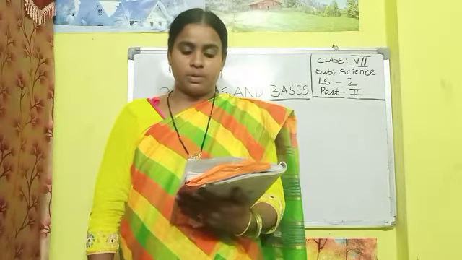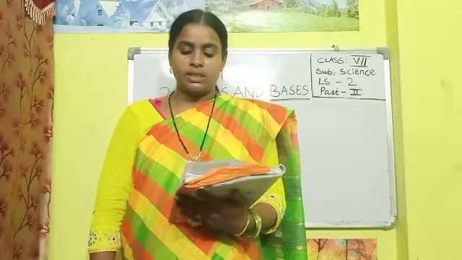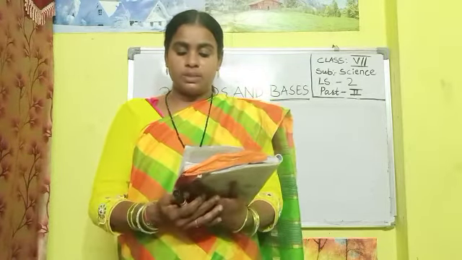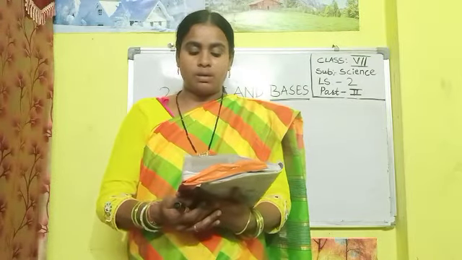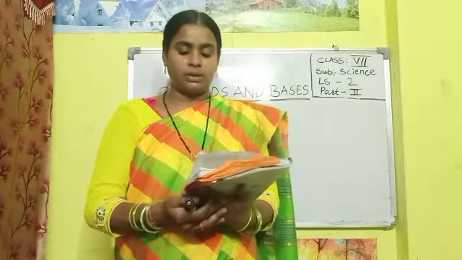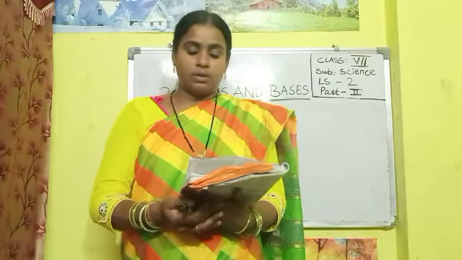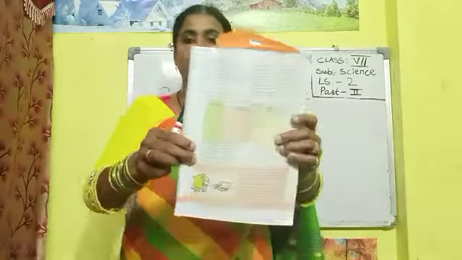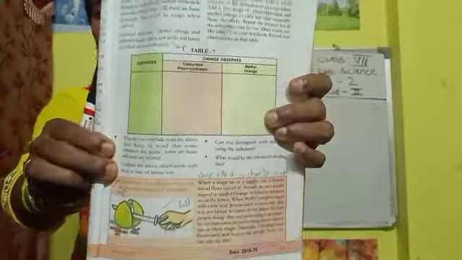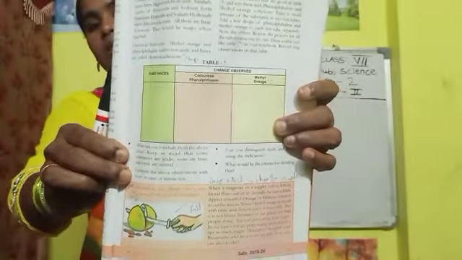Add a few drops of phenolphthalein and methyl orange to each test tube separately. Note the effect. Repeat the process for all the substances one by one. Draw a table just like table 7 in your notebook. Record your observations in that table. So children, this is table 7. You have to draw it and write your observations into the table.